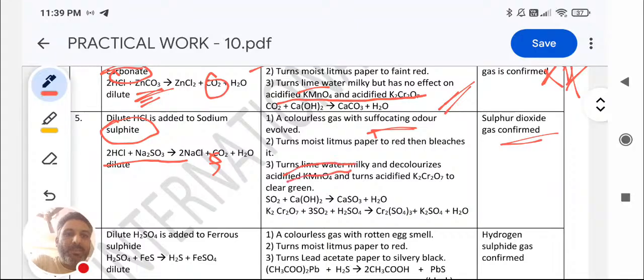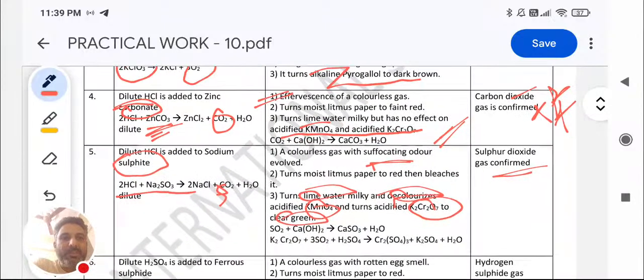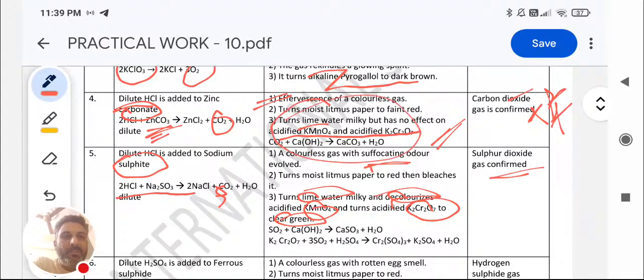So this is the common property shown by both carbon dioxide and sulfur dioxide. They both turn lime water milky. And this sulfur dioxide can decolorize potassium permanganate and it can turn potassium dichromate to a clear green solution. Whereas carbon dioxide turns lime water milky but has no effect on potassium permanganate and potassium dichromate.